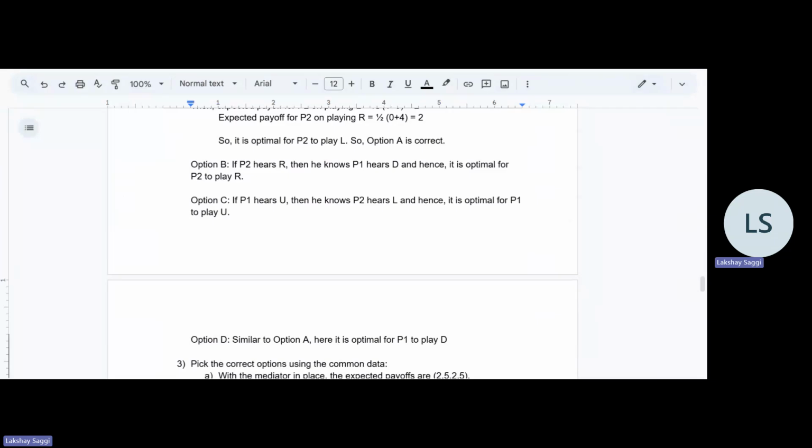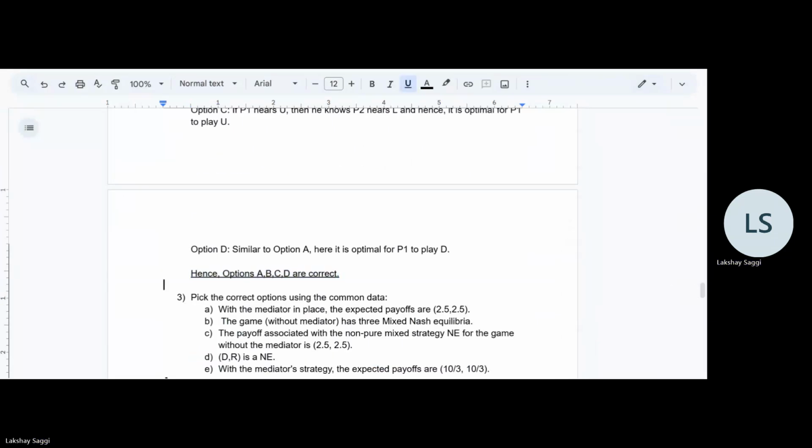So it is optimal because it's not worse. So actually all the 4 options here are correct. Hence options A, B, C, D are correct. Maybe I'll just underline this so that you can see.